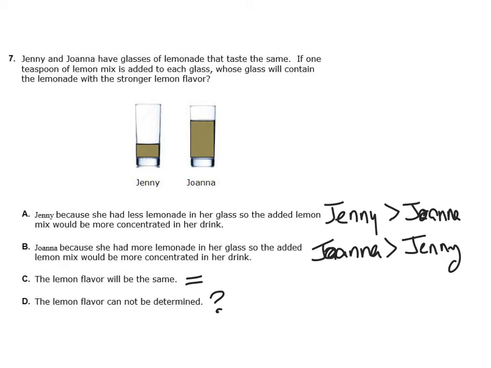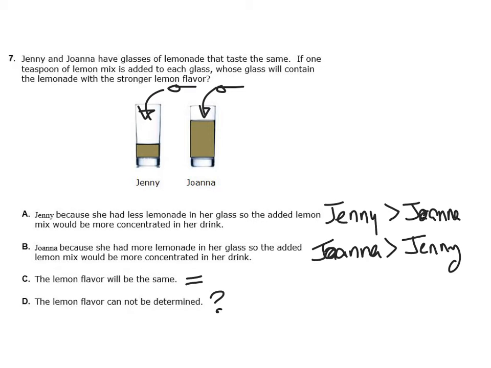So what we're looking at is, if you put more lemon mix, obviously that lemon mix has that flavor already. So if you have less water and you put the same amount in as you did for each one of them, then the one with the least water would be more concentrated because the mix is going in there.